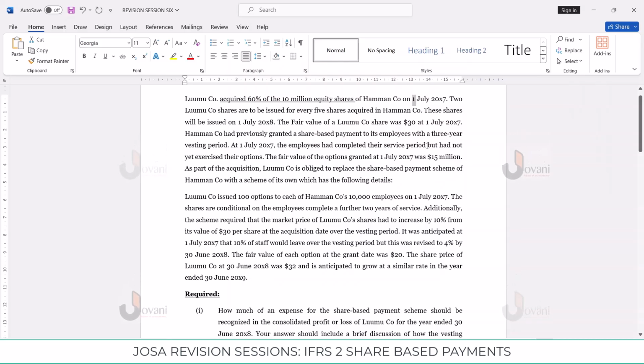And you also have to talk about this in your answer under state, that as per IFRS 2, equity share-based payments should be valued at fair value at the grant date.